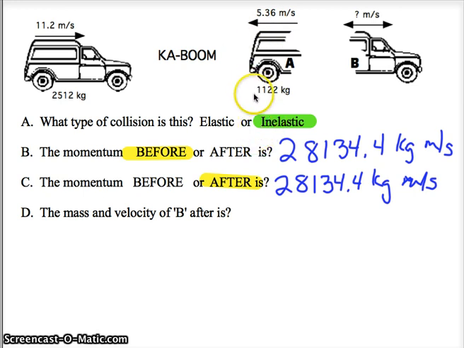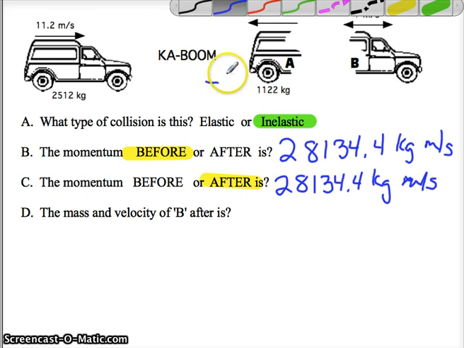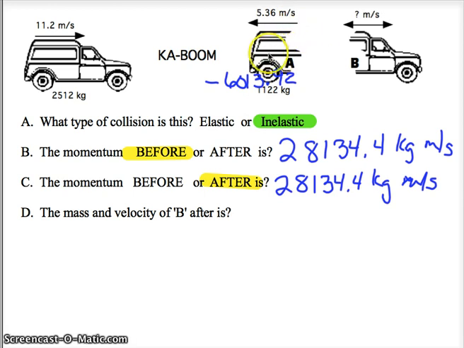Its momentum should be 1122 times 5.36, and it is a negative 6,013.92. So if this side is a negative 6,013.92 because it's going to the left, what is this one?